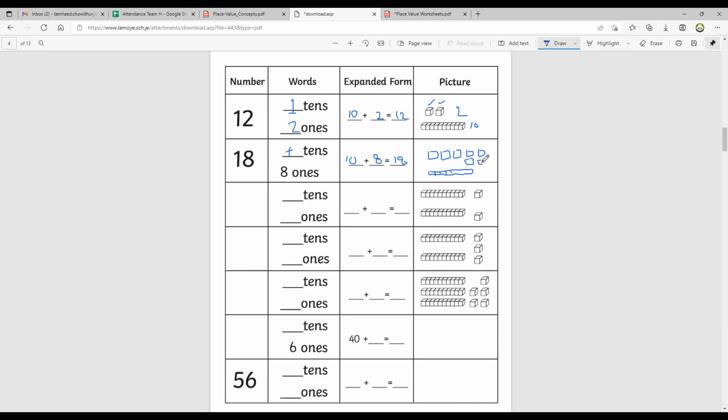These are ones. 8 ones: 1, 2, 3, 4, 5, 6, 7, 8. 8 ones and 1 ten. This whole block is a ten: 1, 2, 3, 4, 5, 6, 7, 8, 9, 10. So that's how the block diagram shows it. Okay. 1 ten and 8 ones. Clear? Yes, sir. Okay.